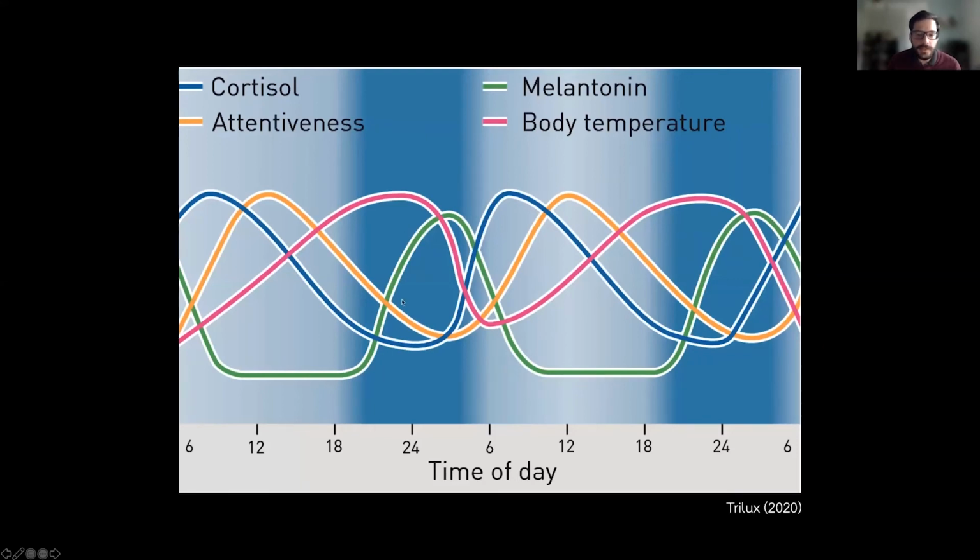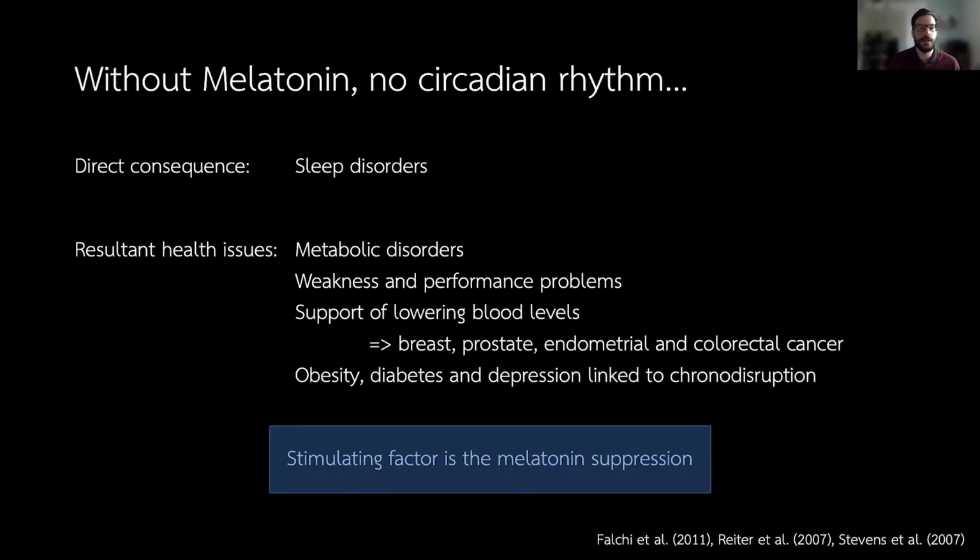And what, in fact, is happening if we do not have a circadian rhythm and if we do not have this hormone secretion of melatonin? And this is easily answered. The direct consequence, of course, if we don't get relaxed, if we don't get a good night's sleep, is sleep disorders. And with the sleep disorders, we have resultant health issues like metabolic disorders, weakness and performance problems, of course.